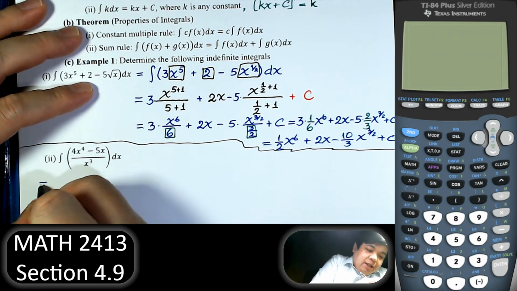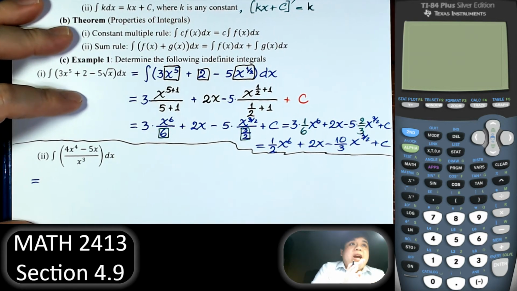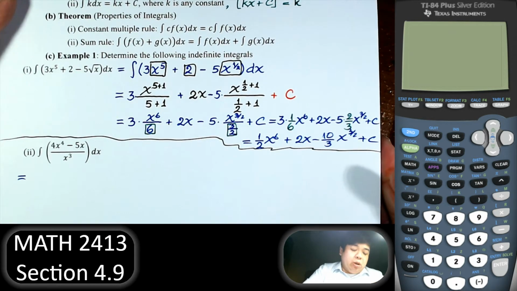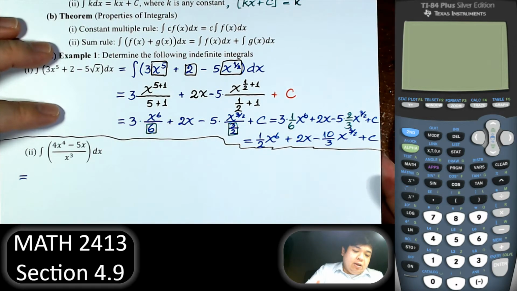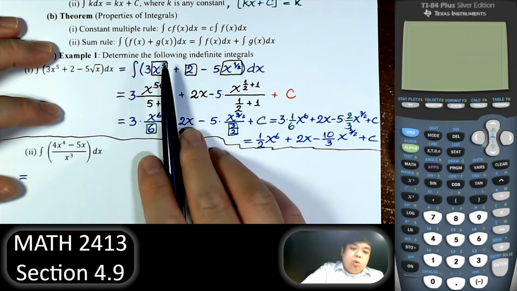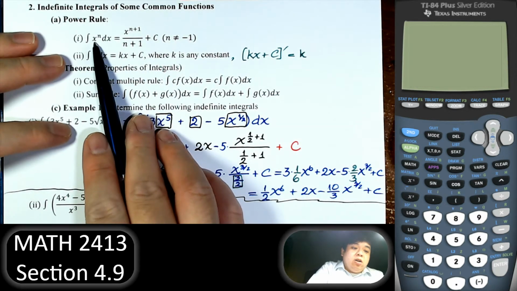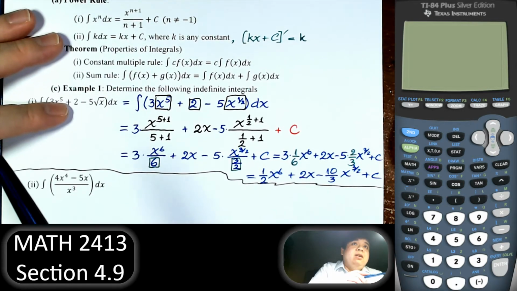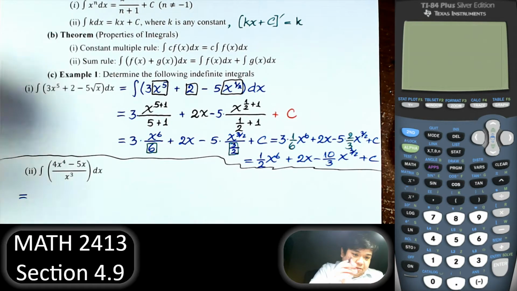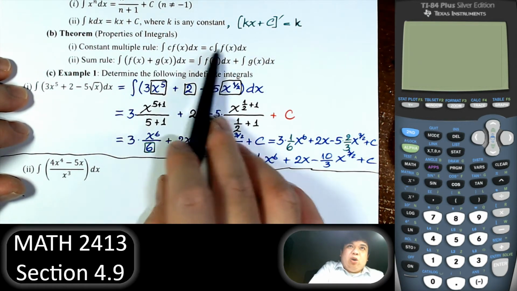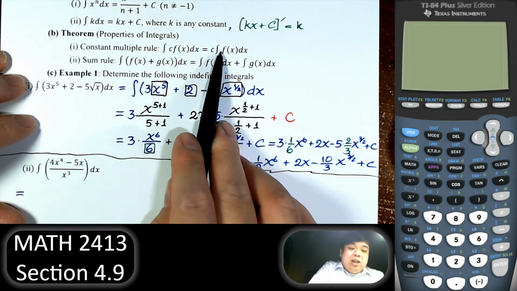Right, next. Up to this point, we only have one rule, that is the power rule. The rule that can turn a function into an antiderivative. I mean, that is the only rule we have. These are rules too, but the integral sign is still there.